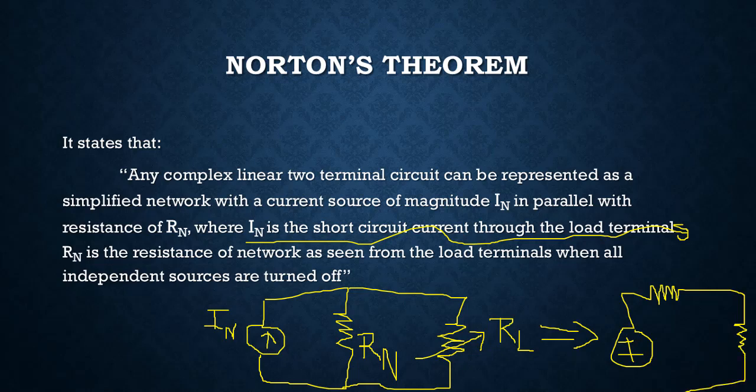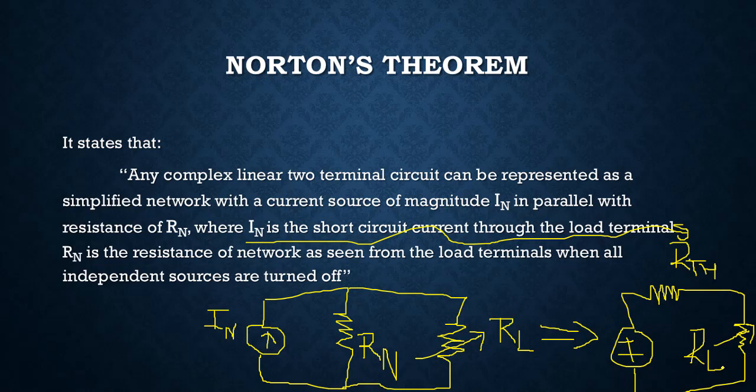So if we perform source transformation, then this will be R Norton or R Thevenin. We have already discussed that both of these are the same. And this resistance is again the variable resistance RL, right?